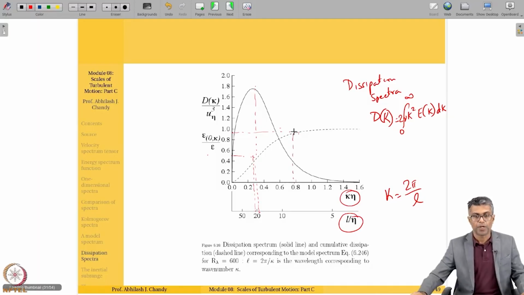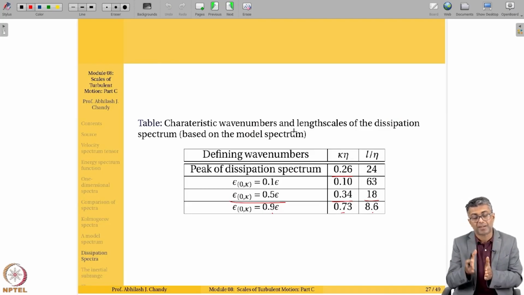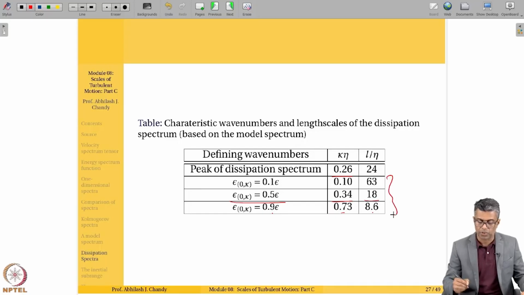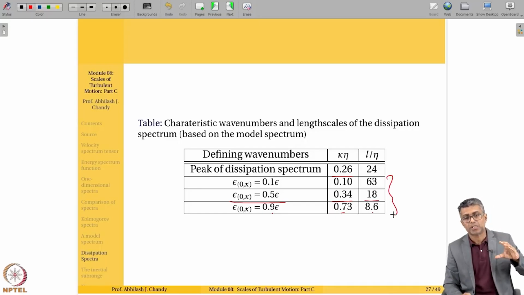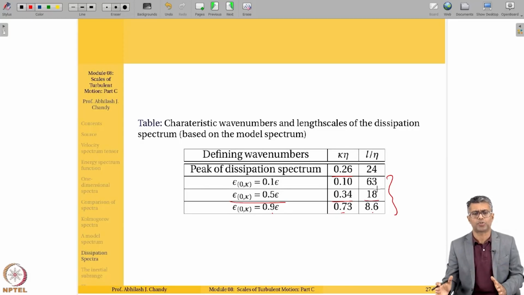Isn't it? So what we are trying to say is what? Okay, so the peak of the dissipation occurs at kappa eta equals 0.26. But look at where 10% of the dissipation goes and 90% of the dissipation goes. So look at this range. 80% of the dissipation occurs between L over eta equals 8.6 and 63, or essentially 8 to 60. 80% of the dissipation occurs there.